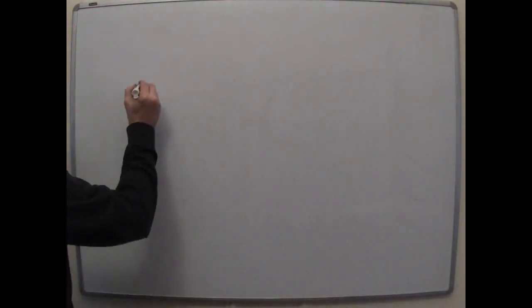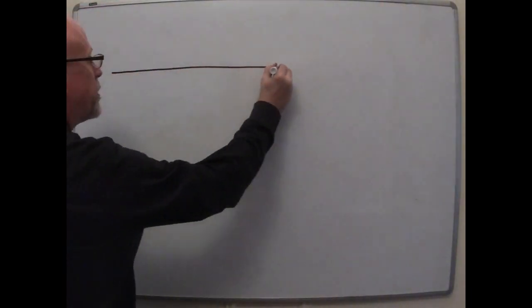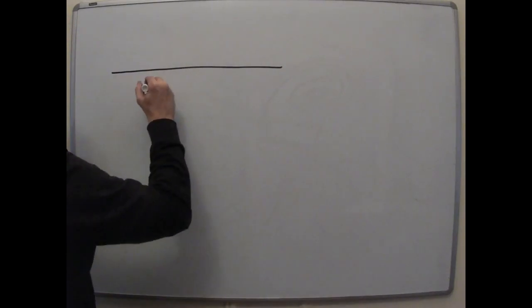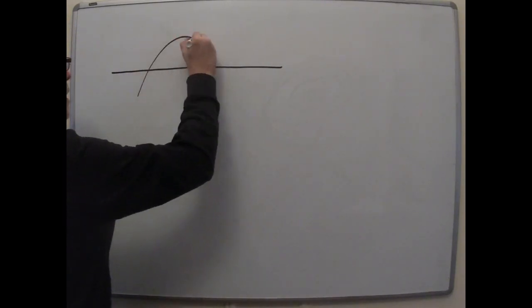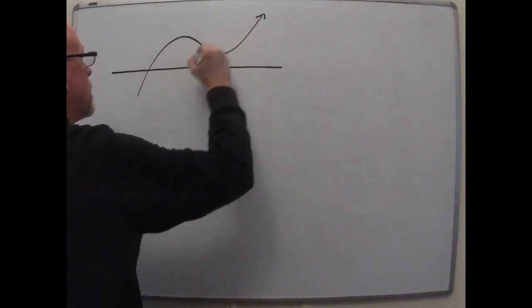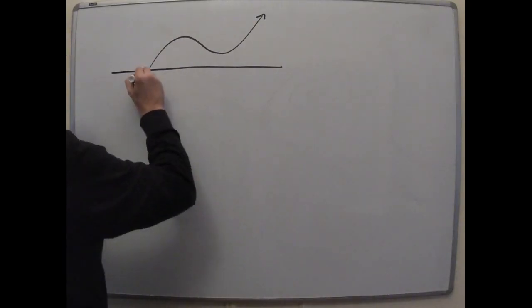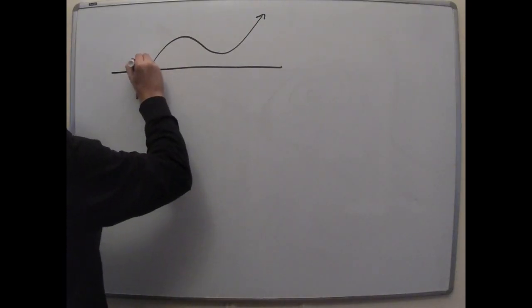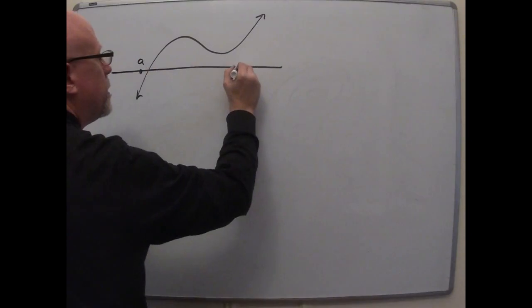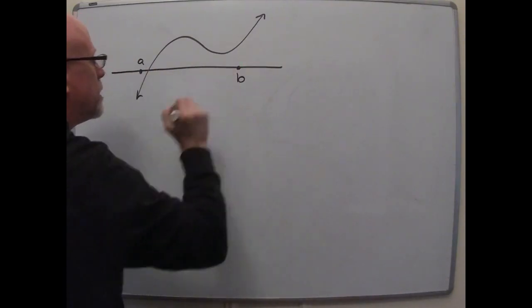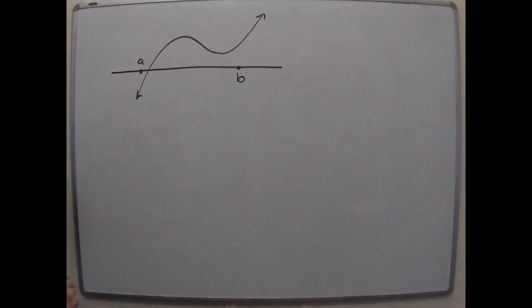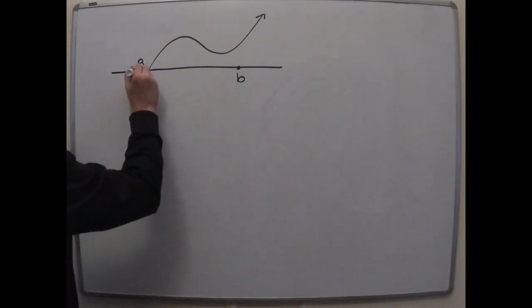In Calc 1, you had situations like this, where that's supposed to be an x-axis. You might have a function like that, defined over an interval, say from a to b. And you're interested in the maximum and minimum values of this function. That's meant to be a closed interval.